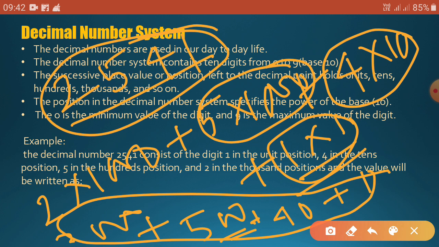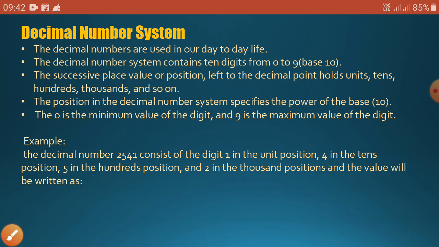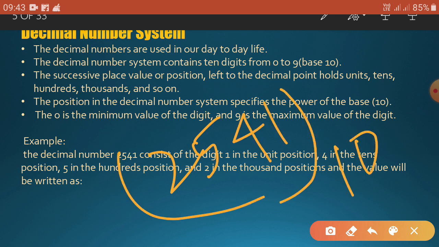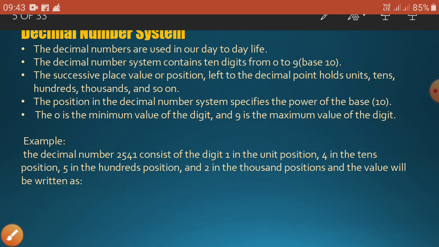So 2541 is a decimal number and the base is 10, so we can write it as 2541 with base 10. In the binary number system the base was 2 as it has two digits only, 0 and 1, and in the decimal number system the base is 10 as it uses 10 digits from 0 to 9. Go to the next slide.